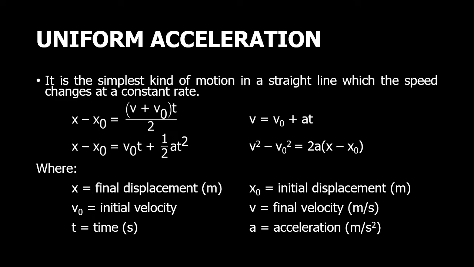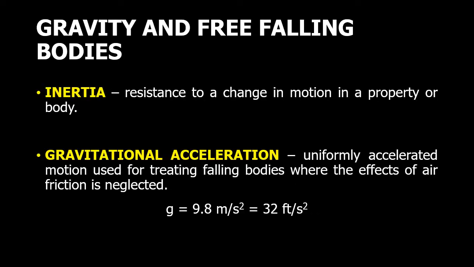For example, we have this given: initial velocity, acceleration, and time. And we are looking for the final velocity. So we will use this formula: v is equal to v sub 0 plus at. Got it?